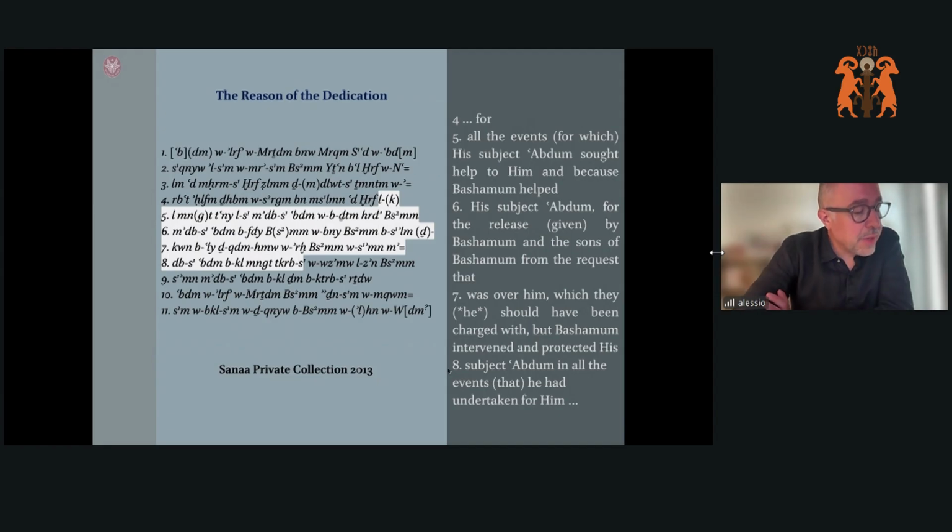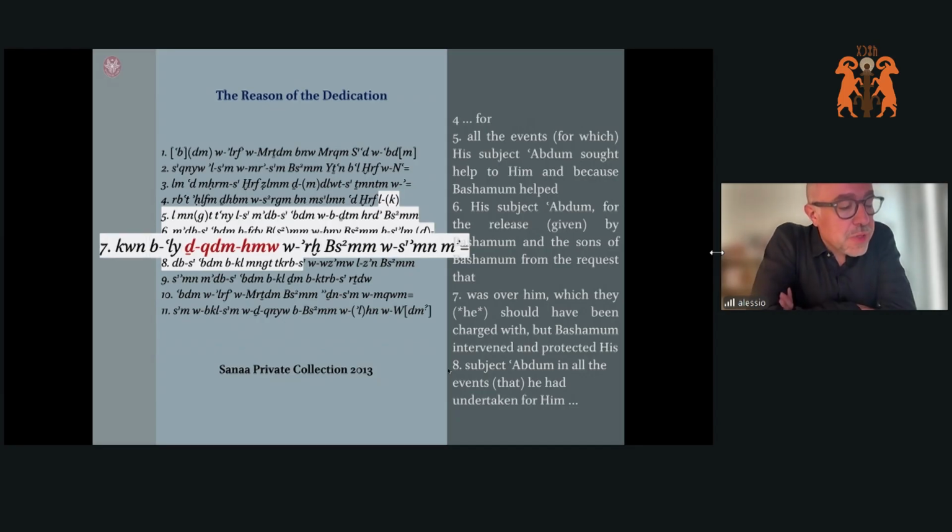The text elaborates that this obligation was something which they, or perhaps he, should have been charged with, but Bashamum intervened and protected his subject, Abdum, in all the events that he had undertaken for him.